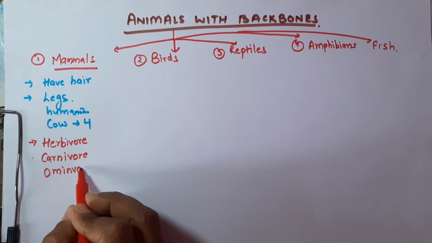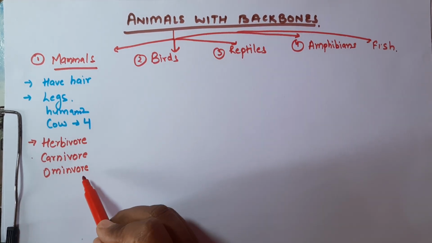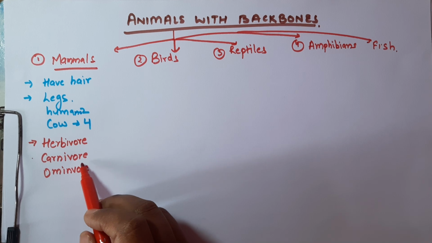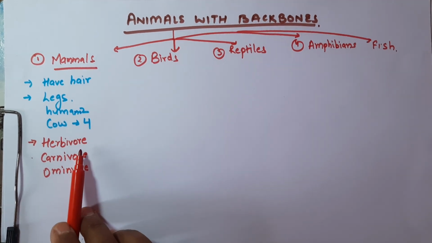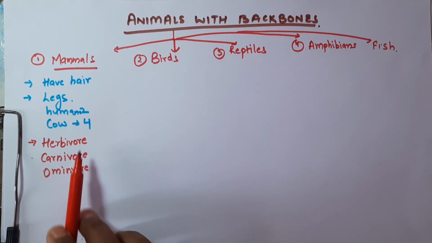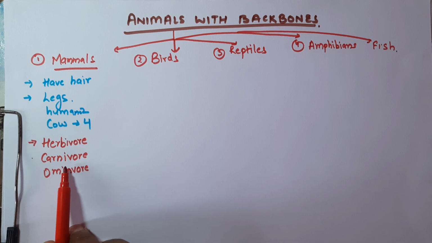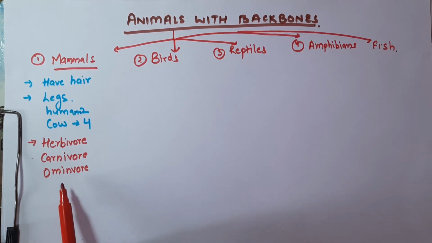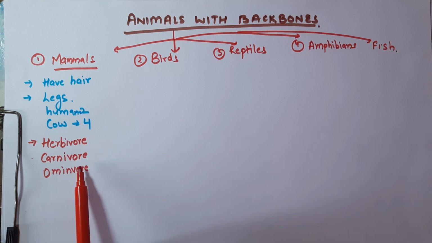Some animals can eat both herbs and animals. So a herbivore, for example, is the cow. The cow will eat the grass. The carnivore is the tiger. It will eat sheep, goat, etc. And the omnivore is the human being. We eat plant products and we also eat animals. We take meat also.